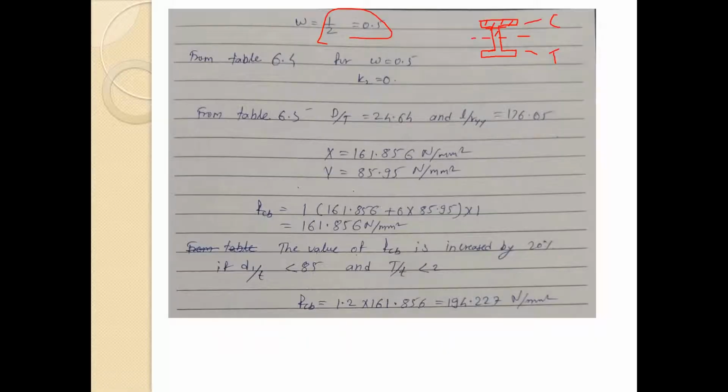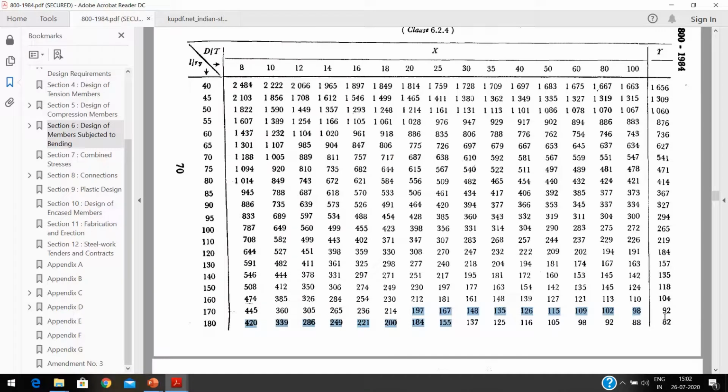So by interpolation we'll get the value of this X, that is 161.85, which we will get by the double interpolation between those four values, and for Y we'll get it with the single interpolation, that is 82 to 92.